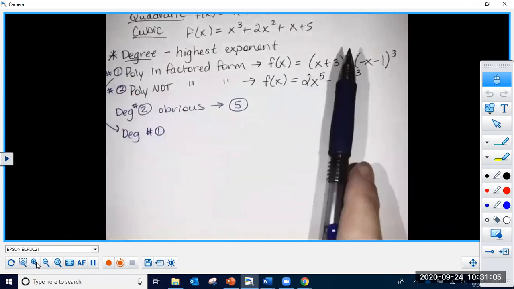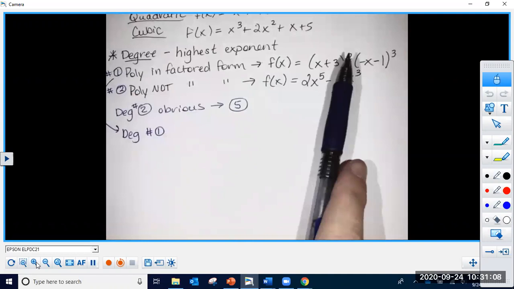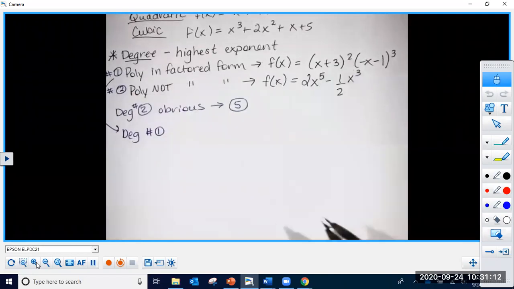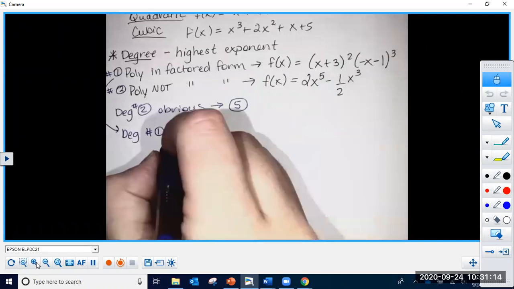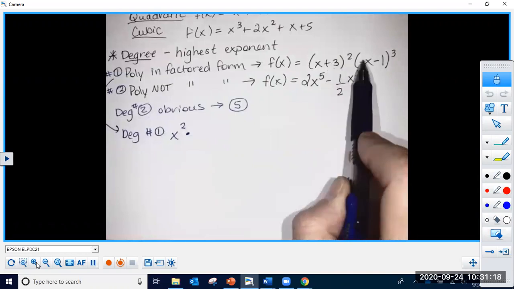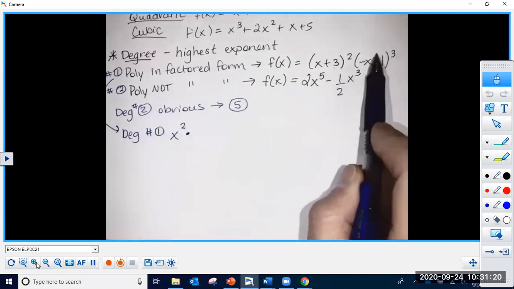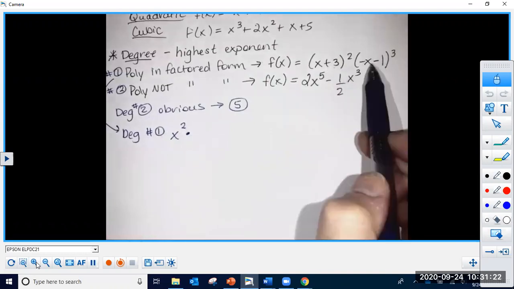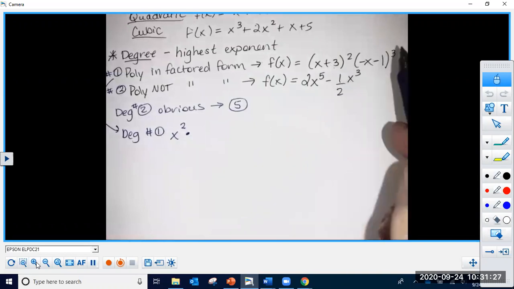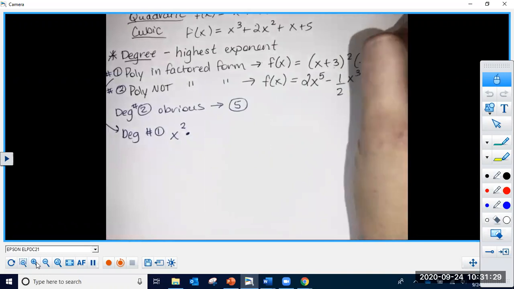Your leading term, which is x, you're going to square that. So I would have x squared here from the first factored part, and then I've got negative x. What's your exponent? Okay, it is going to become 3.